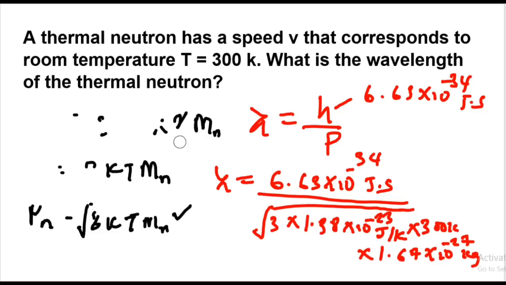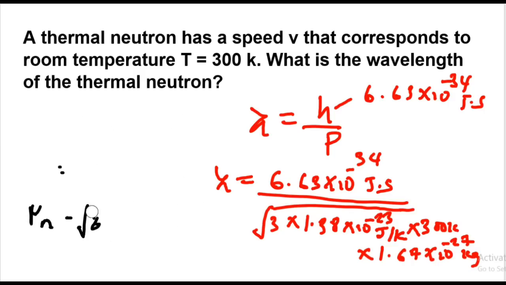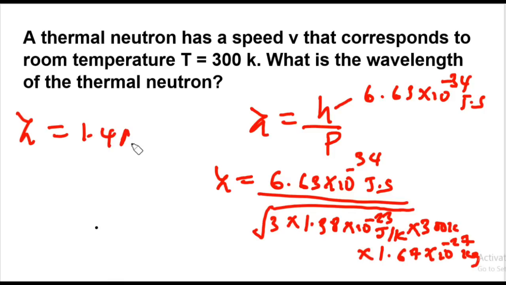we now have that the wavelength of the thermal neutron will be λ equals 1.4 Angstrom, and 1 Angstrom is the same thing as 10 to the power minus 10 meter.